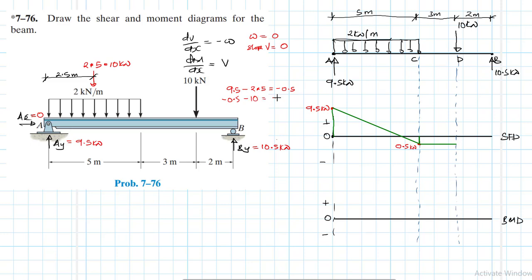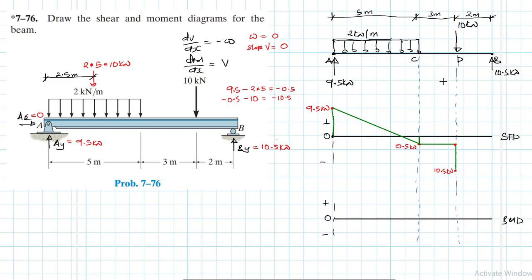This gives us minus 10.5. So we expect a downward movement from this point by 10 kilonewtons. Let's say 10 kilonewtons comes up to there. So the final value here is 10.5 kilonewtons.